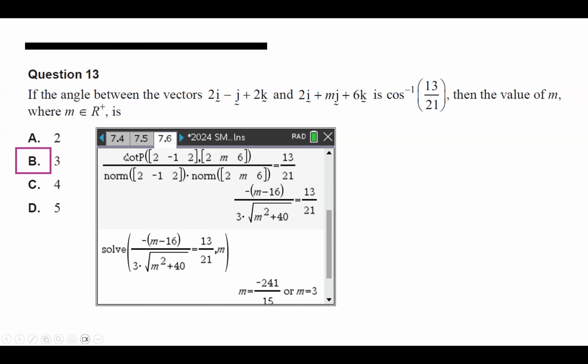And this will indicate your cosine theta, which is just 13 divided by 21. So you'll be able to form an equation involving m. And then you use your CAS calculator to solve this equation, and this negative value is rejected. So m equals 3.